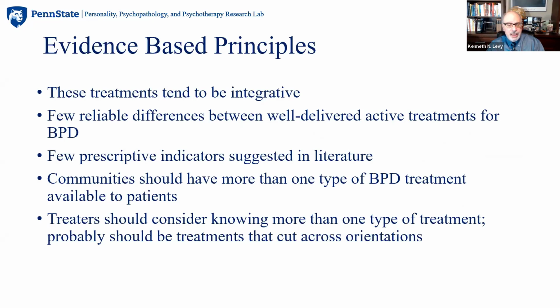Because of these findings about equivalence, communities should have more than one type of treatment available to patients, and treaters might consider knowing more than one type of treatment, particularly treatments that cut across theoretical orientation. So, knowing DBT and maybe MBT or TFP, or knowing TFP and maybe schema-focused therapy or DBT, as opposed to DBT and schema-focused therapy or MBT and TFP, which would be within treatment approaches.